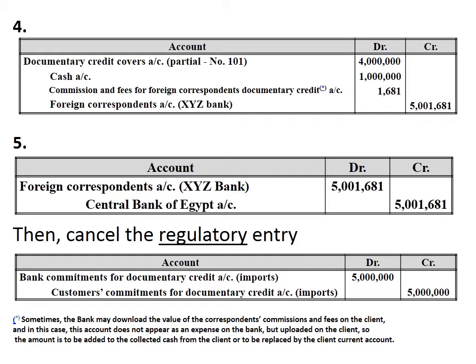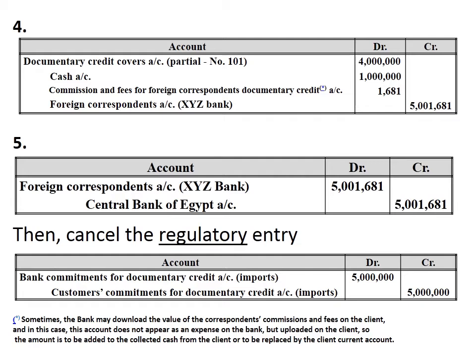The shipping documents arrived to the client's bank in Egypt, which has settled the documentary credit, the 4 million, and ordered the dues and recorded the dues to the foreign correspondents with the settlement of the client account in cash, the remaining 1 million, then notified the central bank that the import process has been completed.